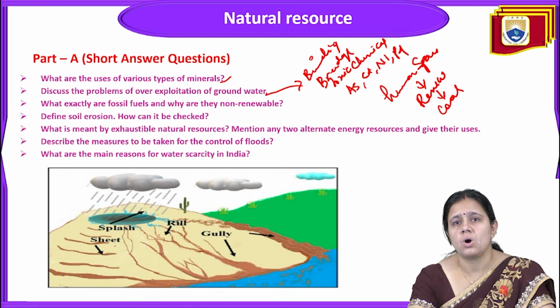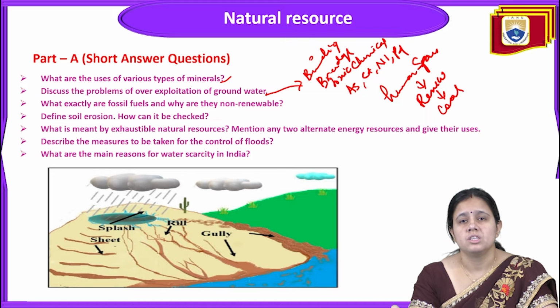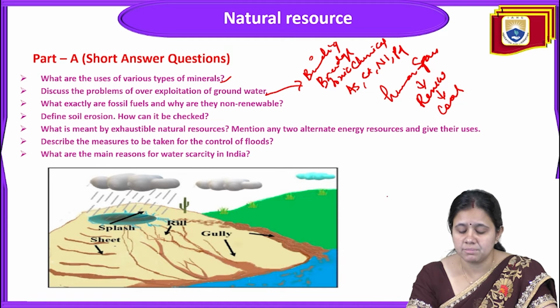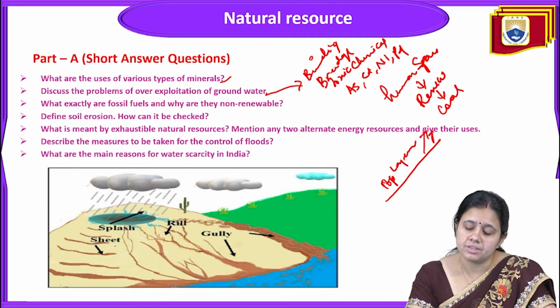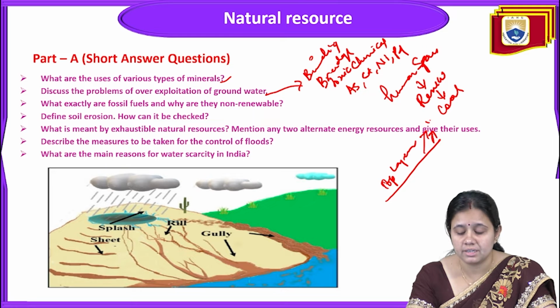Define soil erosion, and how it can be checked. Erosion or displacement of the top layer of soil is called soil erosion. The top layer of soil is eroded from the top surface by the activity of wind and water.